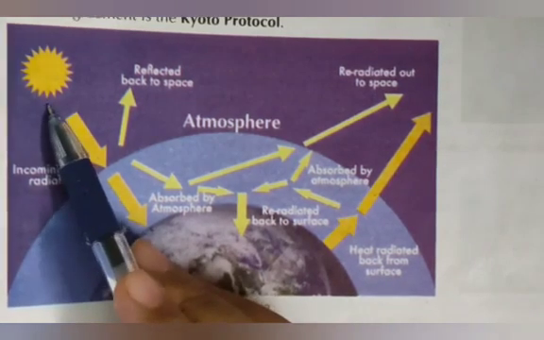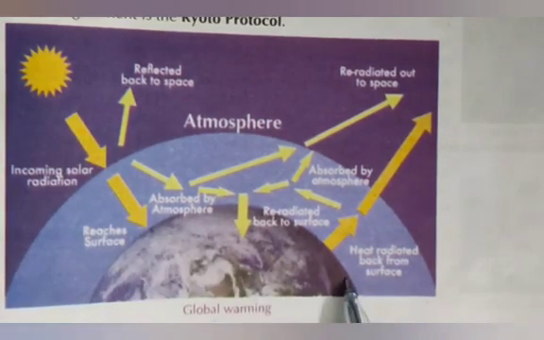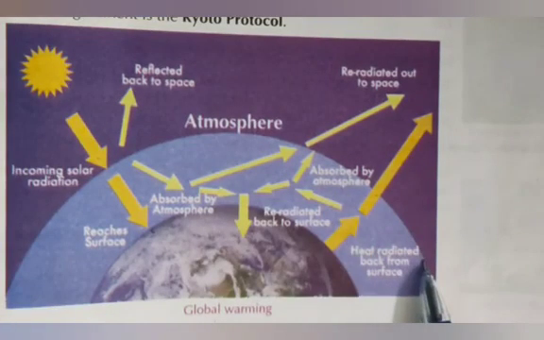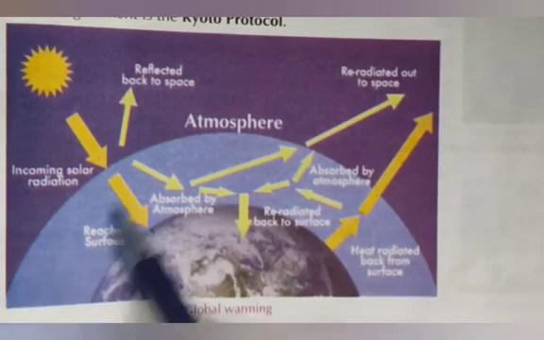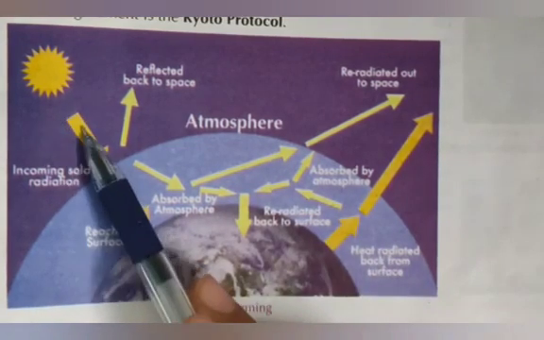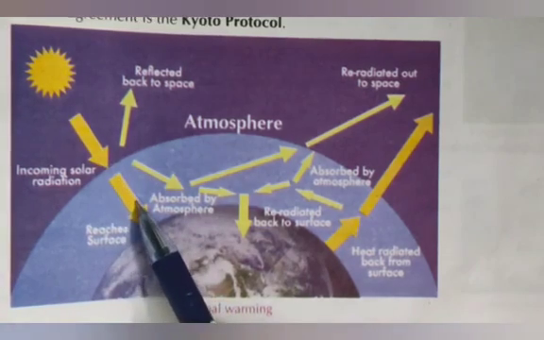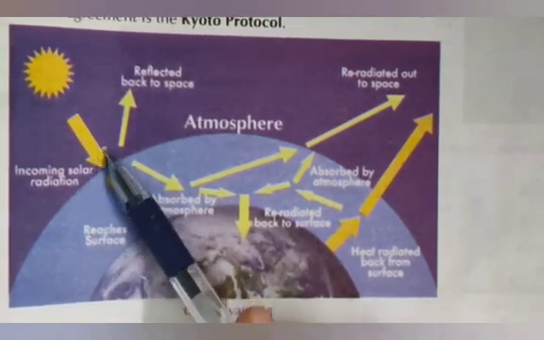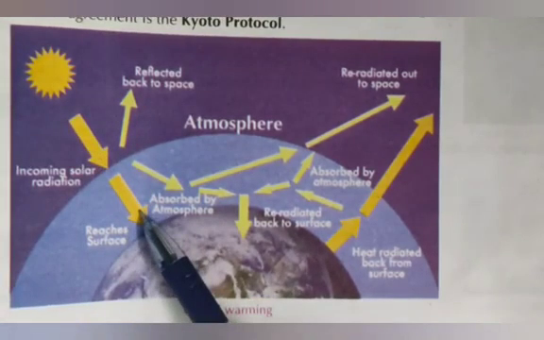Here this is the sun, this is the earth surface, and this layer is the atmosphere. So when the sun rays enter into the atmosphere, these arrows show that sun rays enter into the atmosphere.